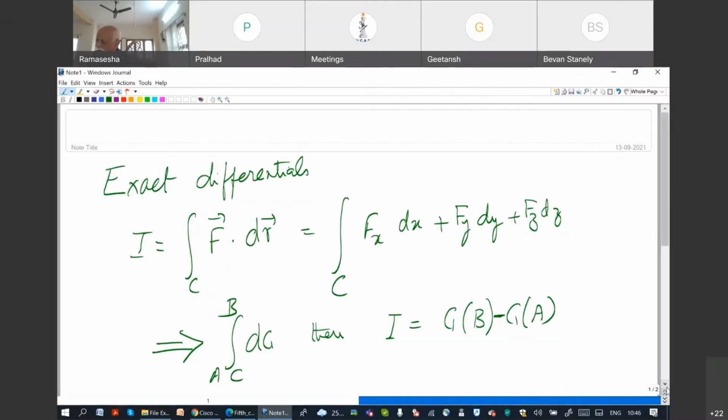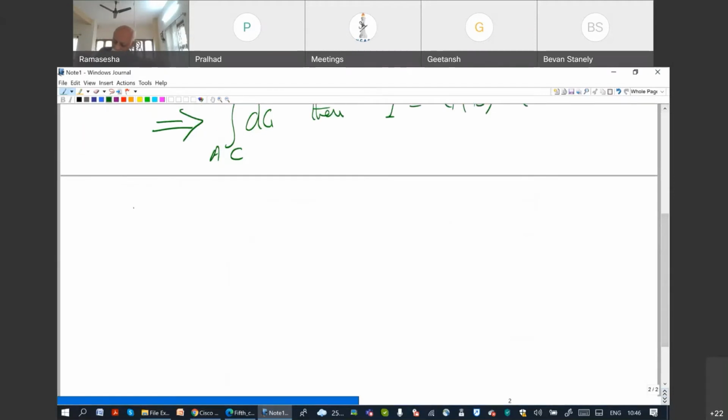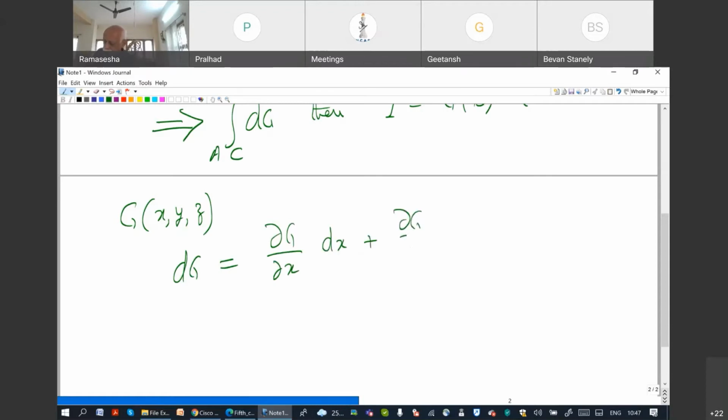So for something to be an exact differential, g will be a function of x, y, z, so that when I take dg, the total differential, it is equal to del g by del x dx plus del g by del y dy plus del g by del z dz.